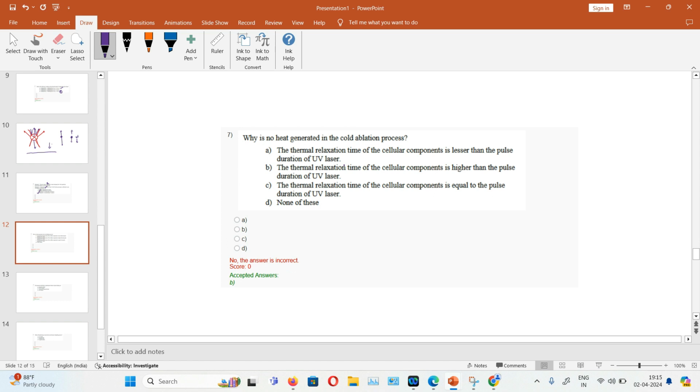That is the basics behind a cold ablation process. There is some thermal relaxation time, such that the molecule will undergo thermal vibrations. If the energy supply time is more than the thermal relaxation time, the particle can undergo thermal excitation and relaxation such that it goes into vibration.